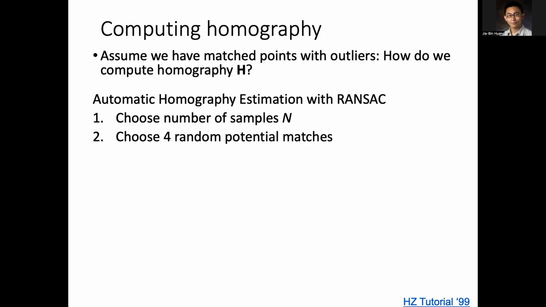Then for every trial, let's say I run this sampling 100 times or 200 times, every time I randomly sample 4 pairs of matches, and then I compute the H with the normalized DLT. Okay, so normalized DLT is an algorithm within RANSAC, right? Every time I sample 4 pairs, I use the 4 pairs to estimate H with the normalized DLT.